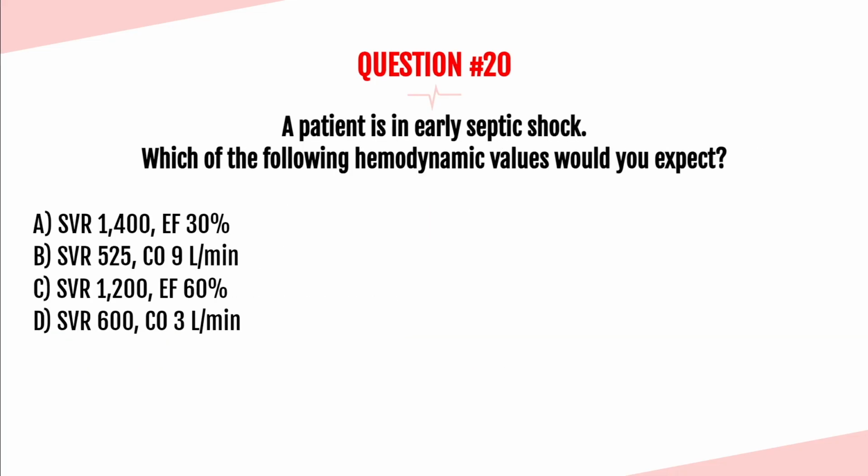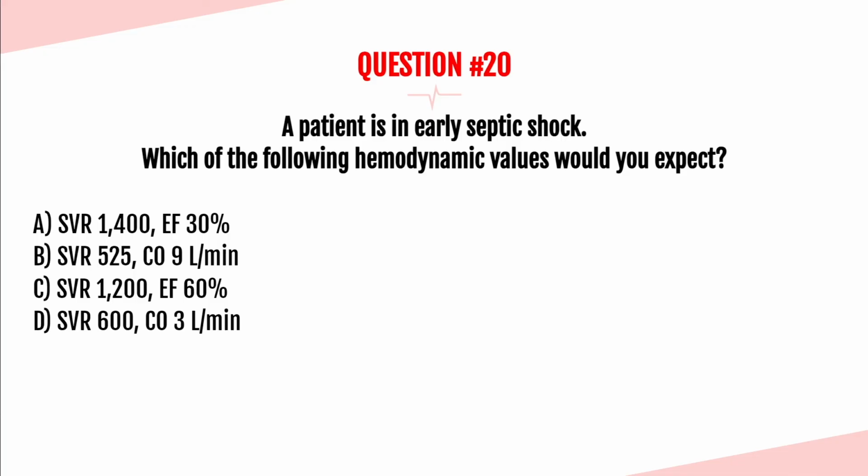Last but not least, question number 20. A patient is in early septic shock. Which of the following hemodynamic values would you expect? A, an SVR of 1400 with an EF of 30%. B, an SVR of 525 with a cardiac output of 9.